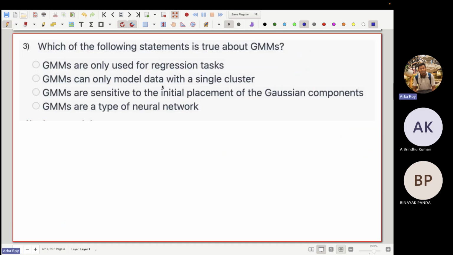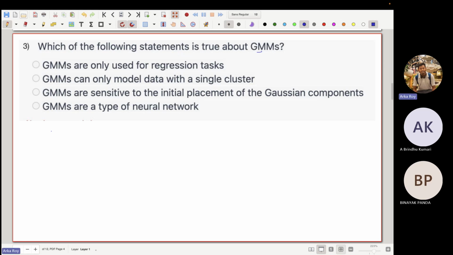Okay. The next question states: which of the following statements is true about Gaussian mixture model? We can go by the process of elimination while solving some of the questions. Gaussian mixture model we have already talked about.